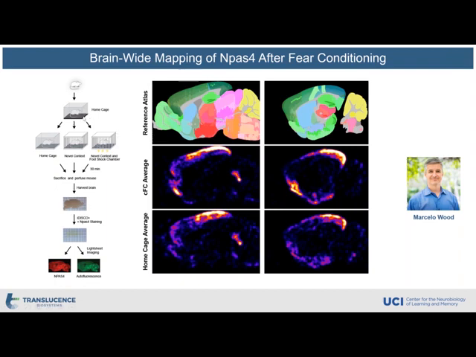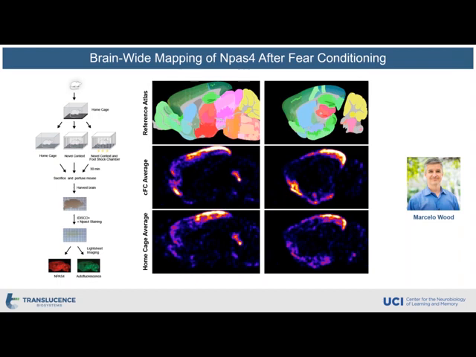So mice were placed in a novel context with a foot shock, and we looked at then the NPAS expression and found that there's certainly a nice regionalization to NPAS expression in the context fear learning condition. And we are analyzing this data and think that there's a tremendous promise for this technology for discovering circuits that are engaged in a particular behavior.